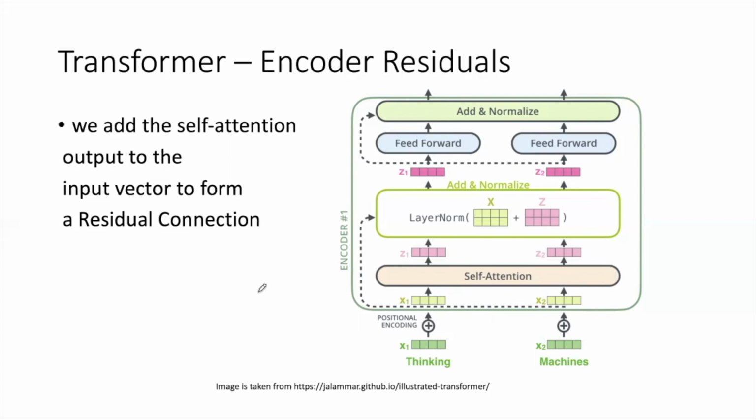So there's a direct connection, so that the gradient propagation happens easily. We typically see them in several other networks, and similarly we also see a residual connection here.